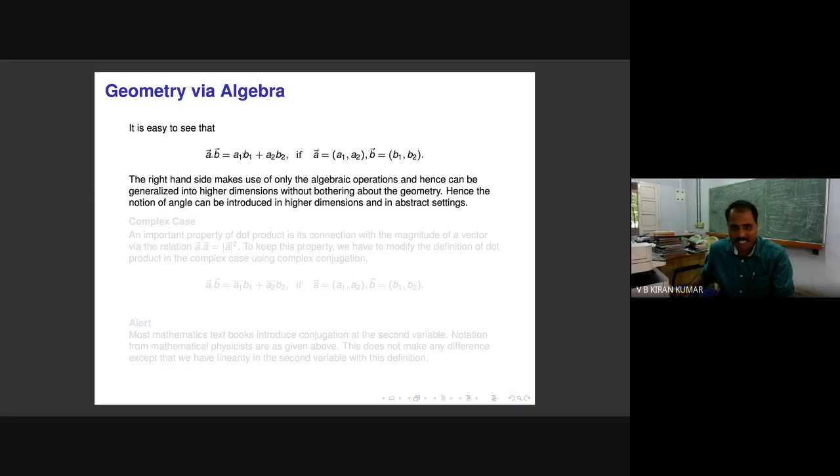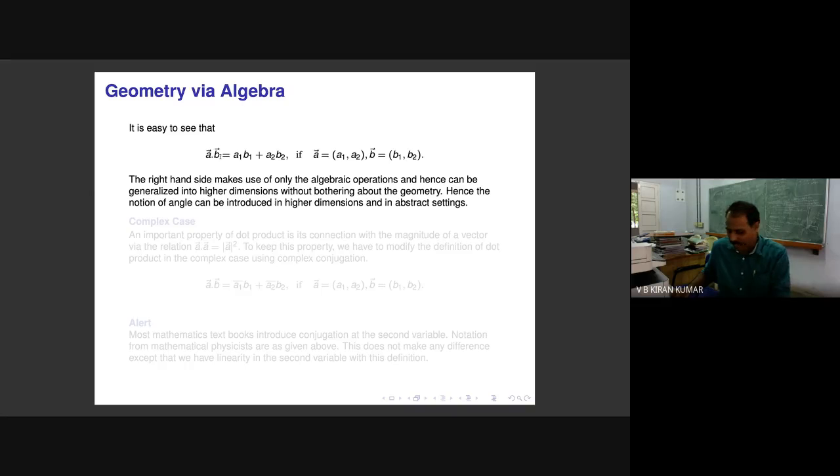But the right-hand side is only an algebraic thing. I mean, it makes use of only the algebraic operations. And therefore the right-hand side you can generalize into higher dimensions. Wherever this algebraic operation makes sense, you can generalize this notion. So via this identity, we can generalize the dot product to higher dimensions. So that is our idea.